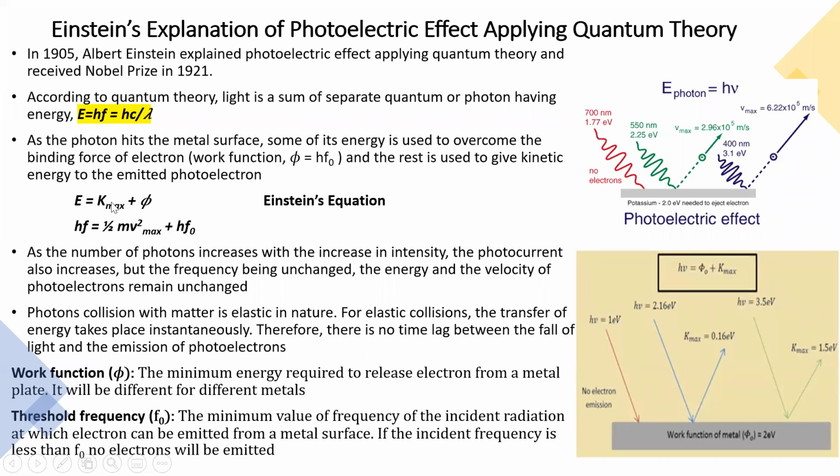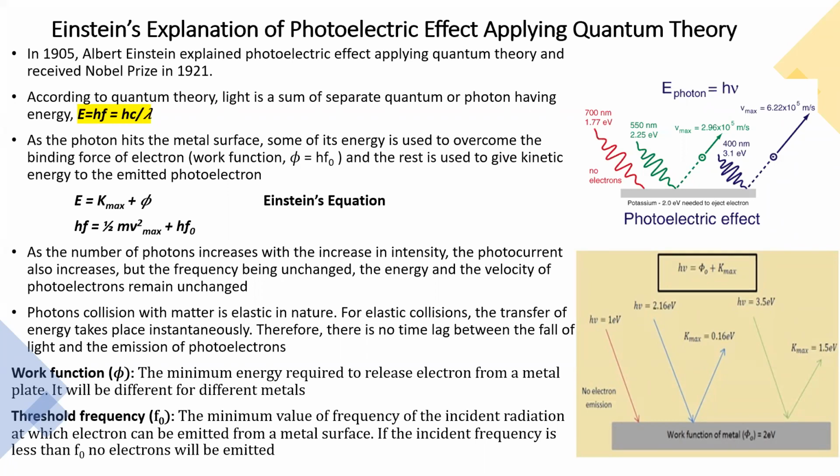Now let us see how this explains the relation of intensity. As the number of photons increases with the increase in intensity. According to quantum theory, intensity of light depends upon the number of photons emitted. So, as there are more photons, there will be more intensity of light.